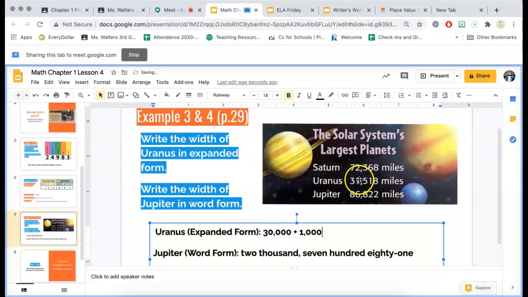I can see the 1 in the thousands place here. The 5 in the hundreds place tells me it's going to be 500. The 1 in the tens place tells me I'm going to have 10. And the 8 in the ones place tells me I'm going to have 8. And that is the width of Uranus in expanded form.